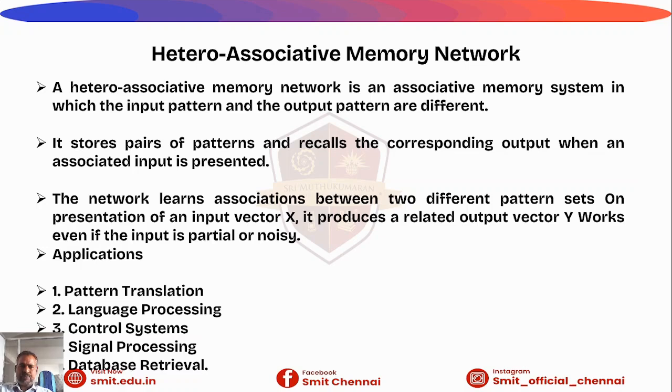It stores pairs of patterns and recalls the corresponding output when an associative input is presented. The network learns associations between two different pattern sets, and on presentation of an input vector x, it produces a related output vector y. It works even if the input is partial or noisy.